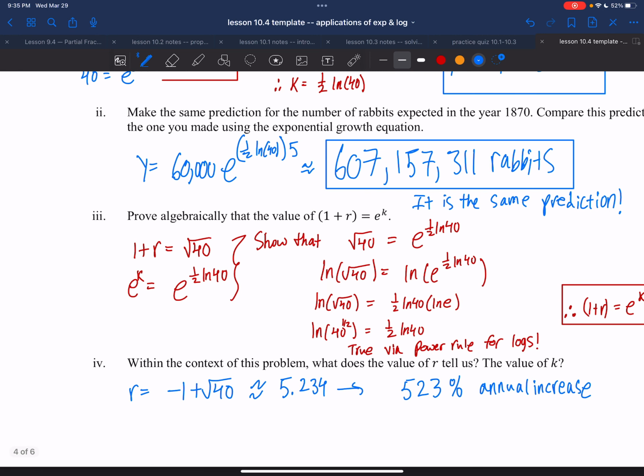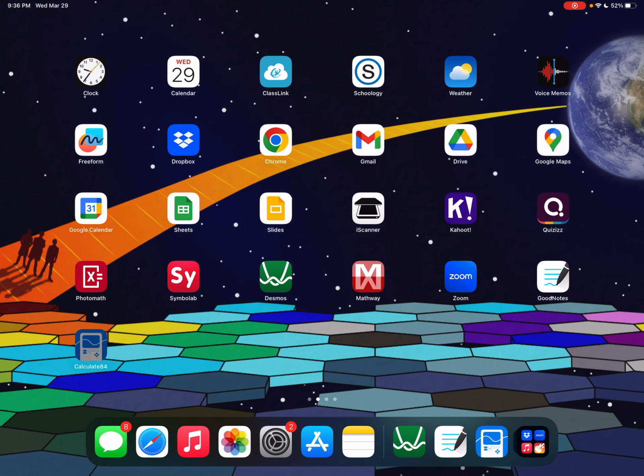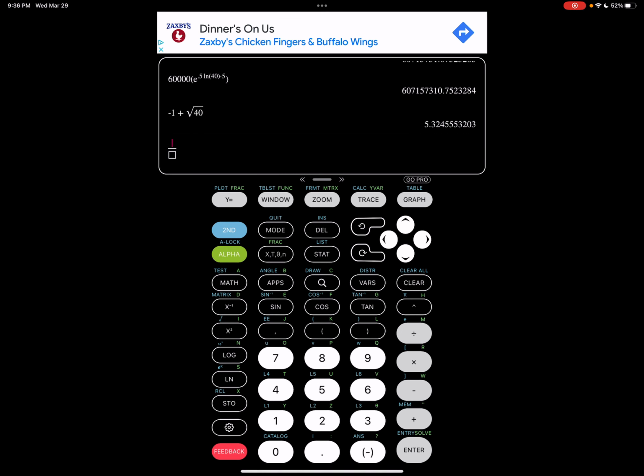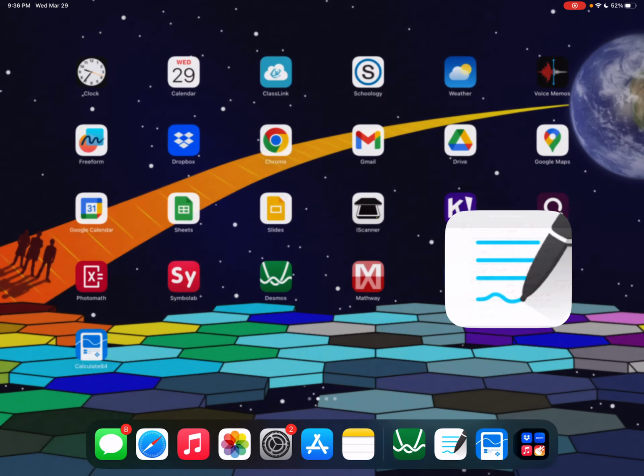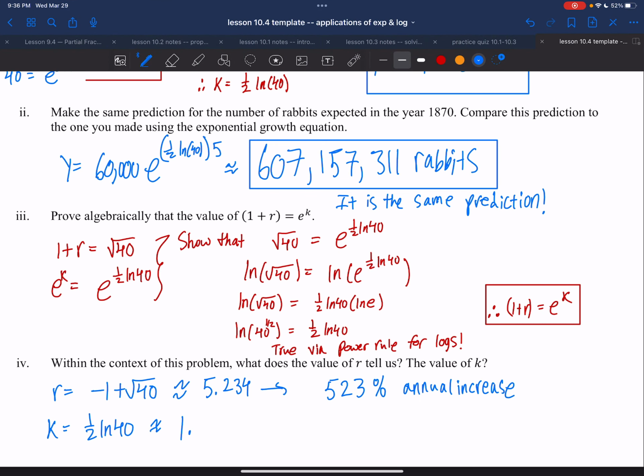What does k tell us? Well, k is 1/2 natural log 40, which is approximately 1.844. That tells us this is 184%. Well, it's not an annual increase, because what kind of function is this?